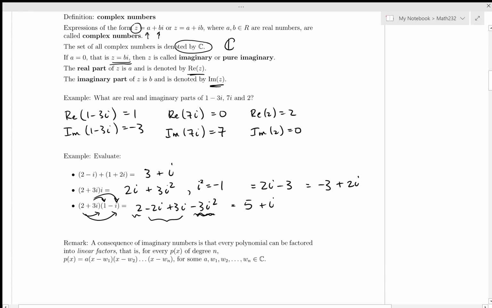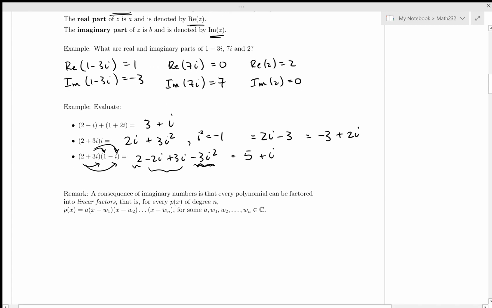Okay, so now you can add, subtract, and multiply two complex numbers. So a consequence of the imaginary numbers is that every polynomial can be factored into linear factors. So every polynomial p of x of degree n can be factored into n linear factors.